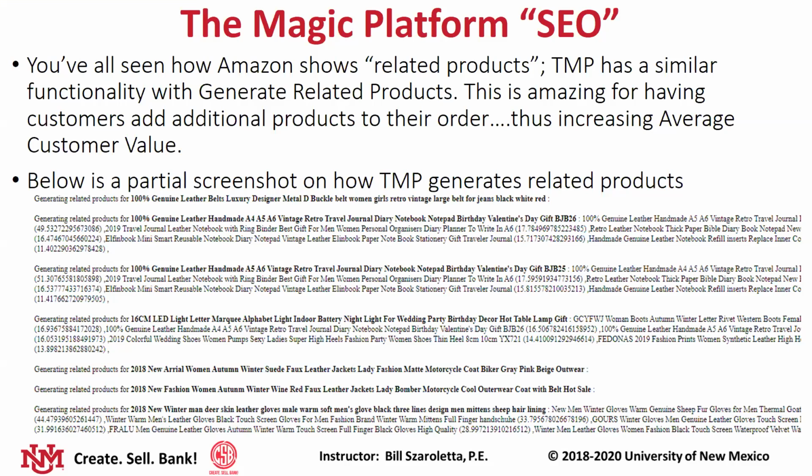It's pretty cool to have this, because customers can add additional products to their order, and this will increase the average customer value. And below you can see the partial screenshot that they've got, generating related products and things like that. So those will show up.